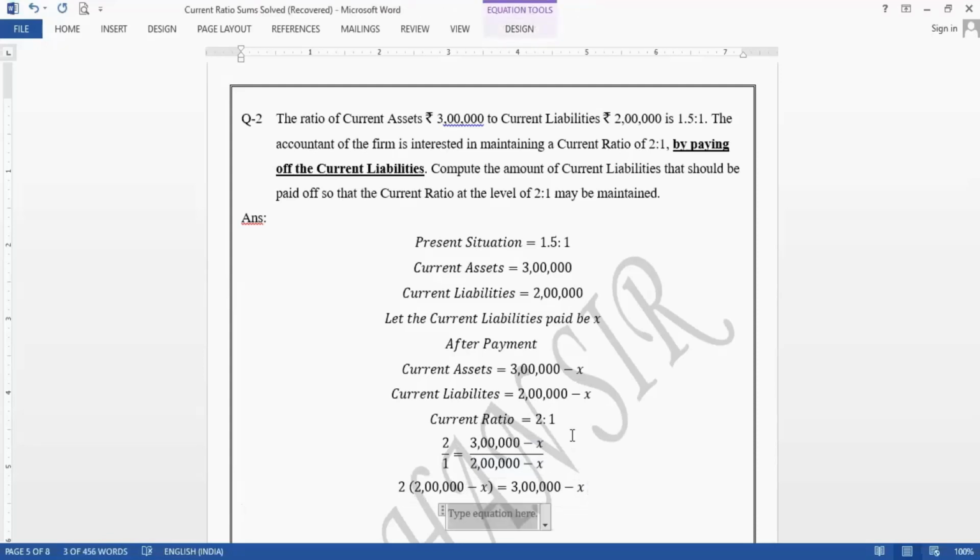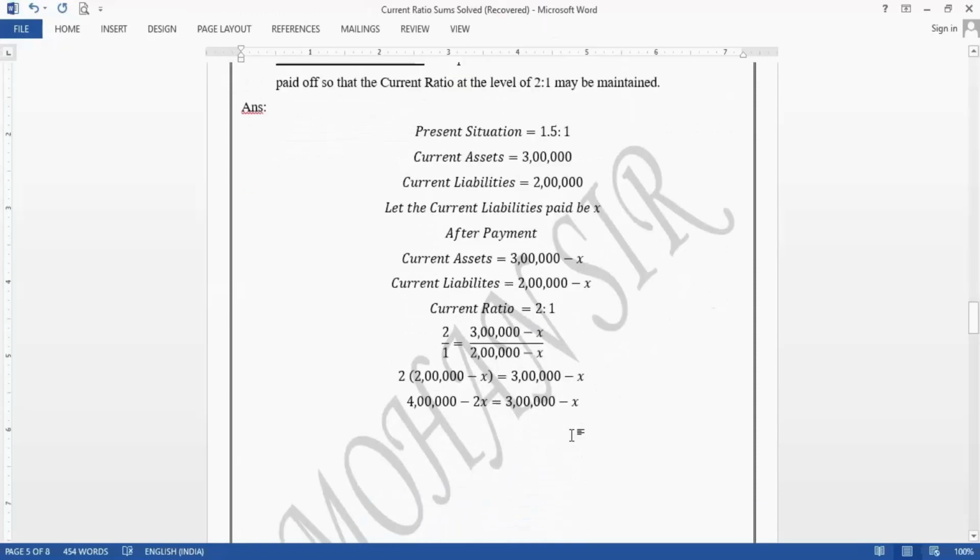Now if I have to solve this, this will be 4 lakh minus 2X, that will be equal to 3 lakh minus X. Okay, so moving ahead, this will be equal to 2X minus X, that will be equal to 4 lakh minus 3 lakh.